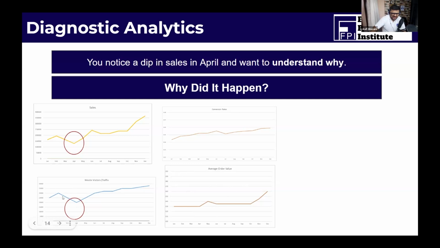Based on these diagnoses, you've identified the root cause of why the sales are low in April, and you can clearly correlate it with your website traffic. Your April website visitors were low, although your average order value was okay and your conversion rate was okay. If we had more visitors on our website in April, probably this problem would not have happened.